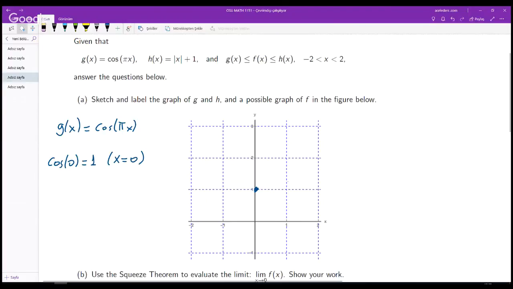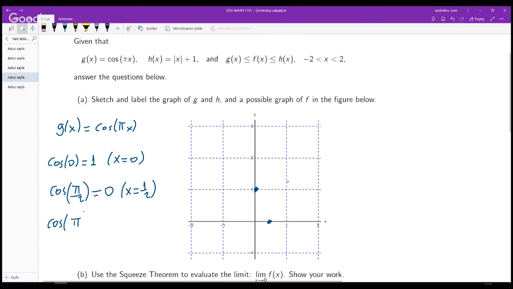The second one, cosine π over 2 equals 0. What is the x value which takes me to cosine π over 2? That is 1 over 2. Because now g function is like cosine πx. So when x is 1 over 2, I have cosine π over 2. So therefore, when x is 1 over 2, the function value is 0.